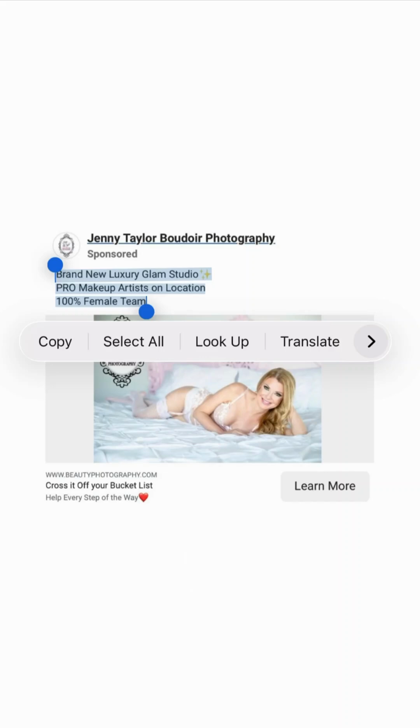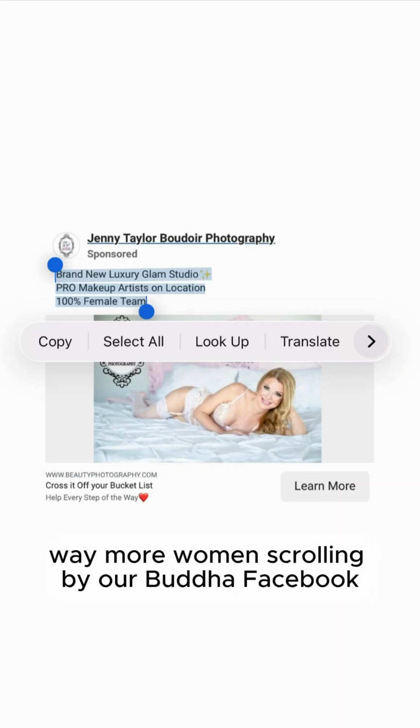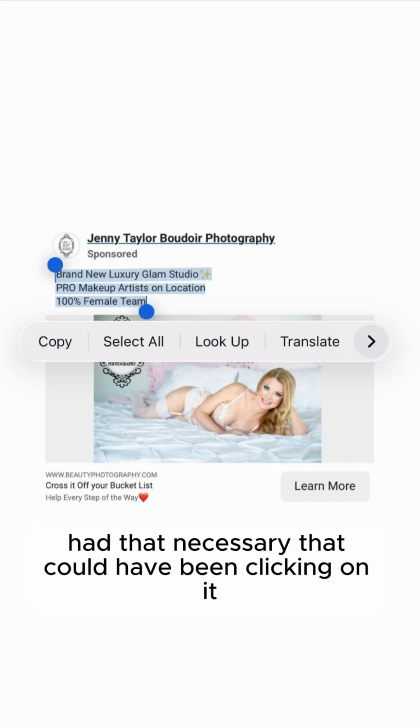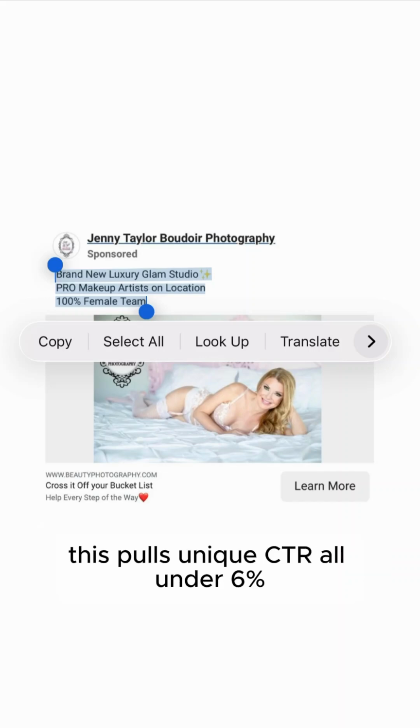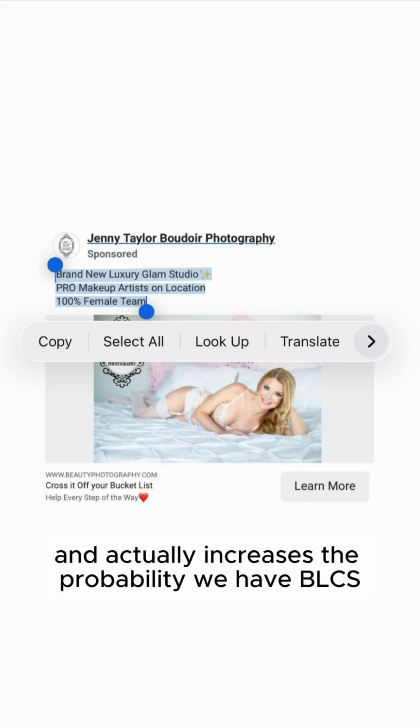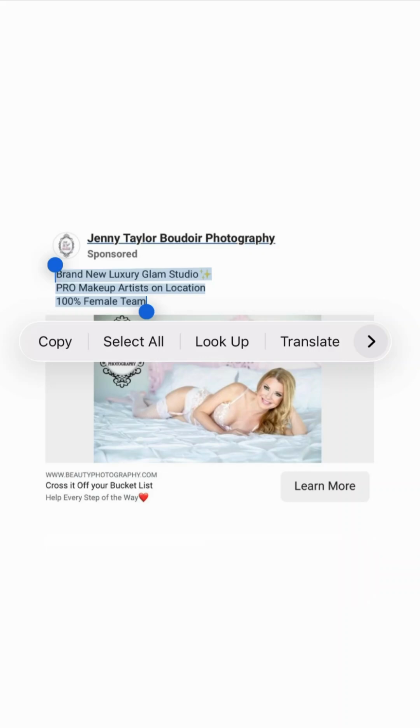So the consequence of this: way more women scrolling by our Boudoir Facebook ad than necessary that could have been clicking on it. This pulls unique CTRL under 6% and actually increases the probability we have BLCS.